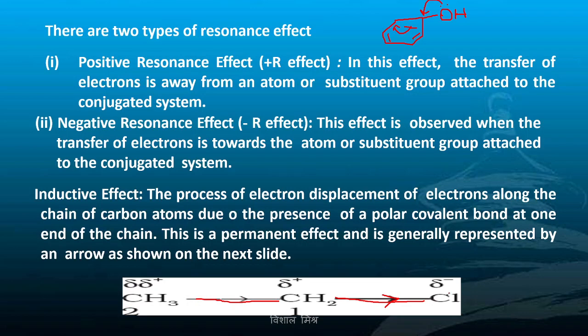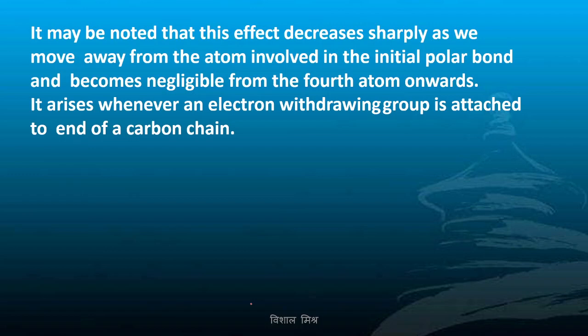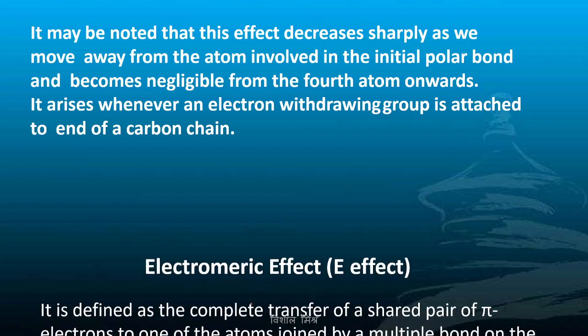Due to the presence of this chlorine, this bond was already weak, but this bond is also getting weaker. So this phenomenon is known as inductive effect, means due to the presence of one, the other one is also affected. Then this effect decreases as the bond is moving further.